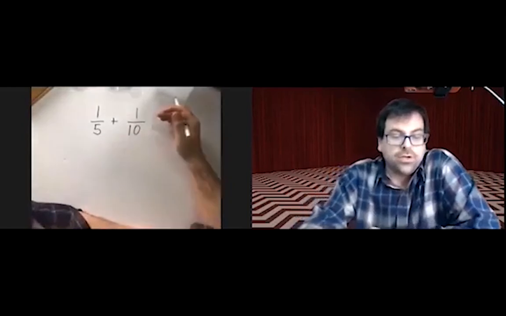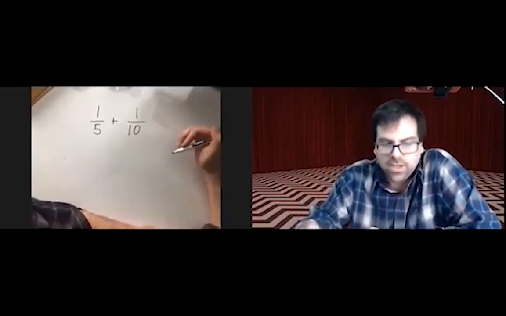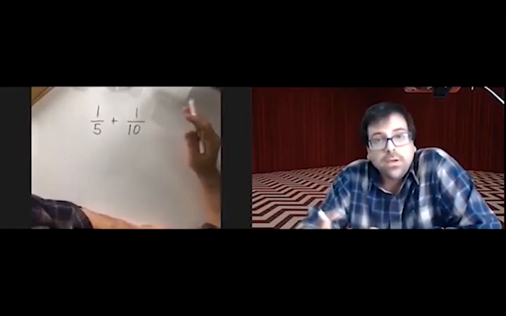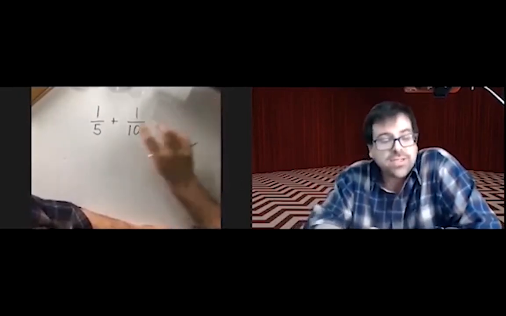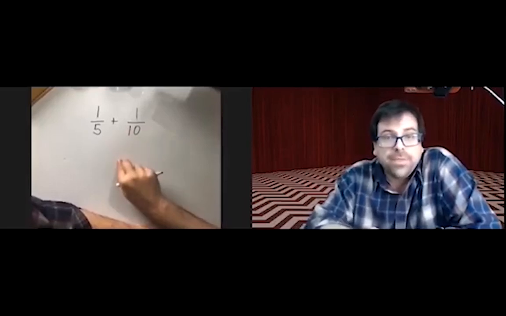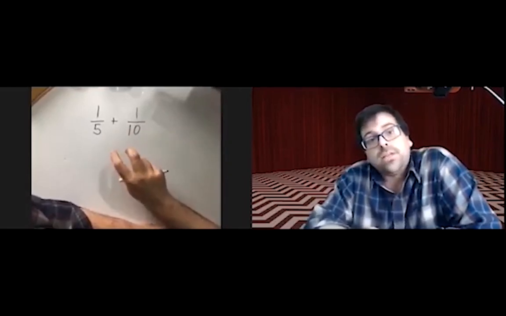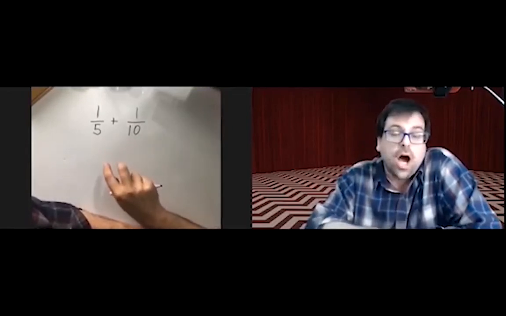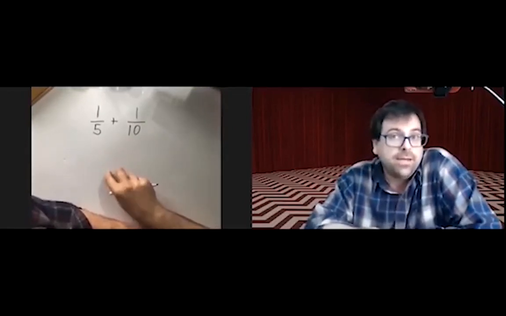This is not 2/15. This is not 2/5. This is not 2/10. In order to add two fractions that have different numbers on the bottom, we need to use least common multiple to find what the common denominator is going to be.